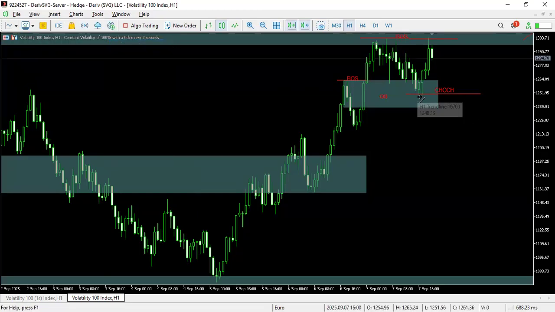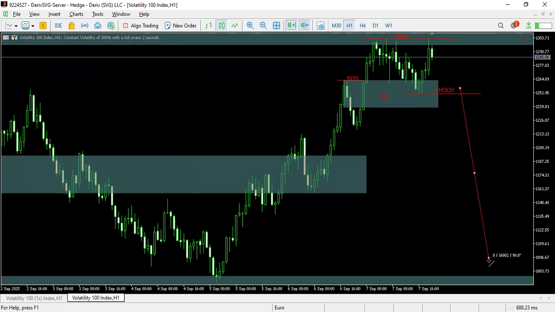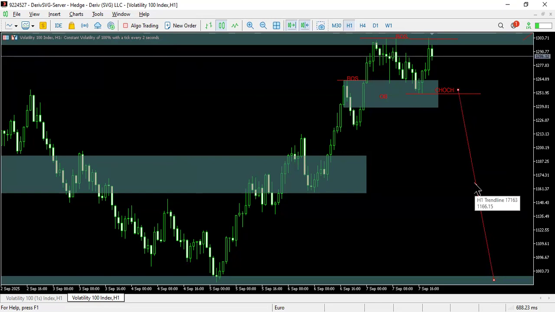If price decides to break this lower high, that will be a change of character. Then that will give us an indication that price is about to reverse, then to come back at this support level.